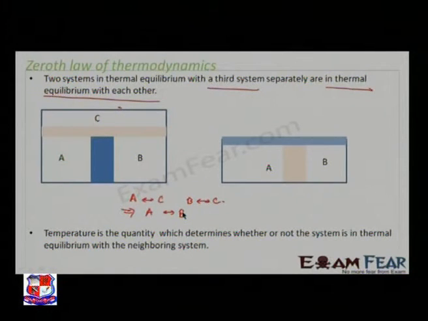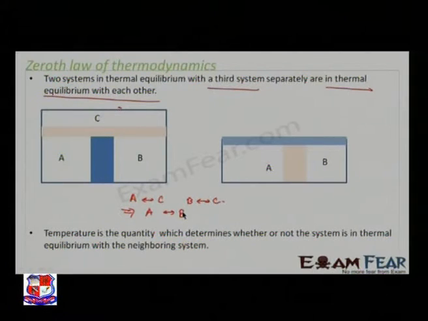Now what is the significance of this zeroth law? The significance is that the zeroth law suggested that there should be a physical quantity which has the same value for systems in thermal equilibrium. I already defined thermal equilibrium to you, but it originated in this way.